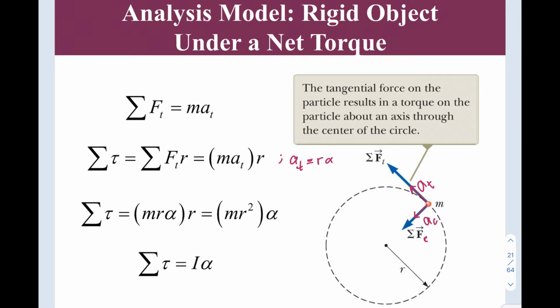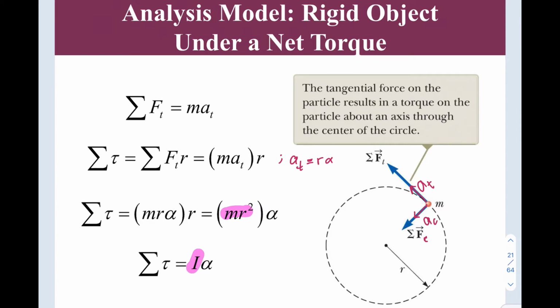Then our equation will be like this. Simplifying this equation, we will have m r squared times alpha, whereby m r squared is simplified as capital I, which is known as moment of inertia. This is a similar analogy to the mass, but not exactly the same, because we are referring to angular or circular motion.